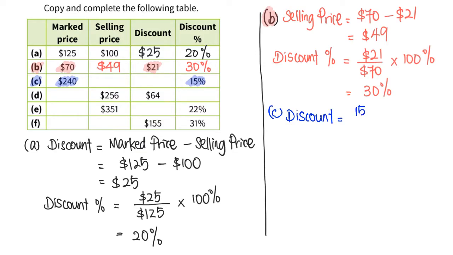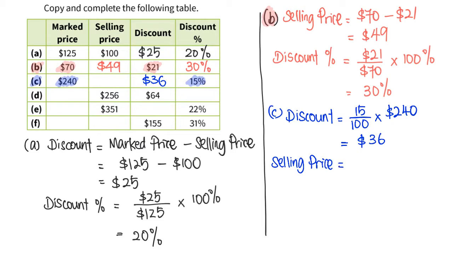Since I already know 15%, which is 15 over 100 of the mark price, this will give me $36. And so I will be able to get the selling price easily: mark price minus the discount.